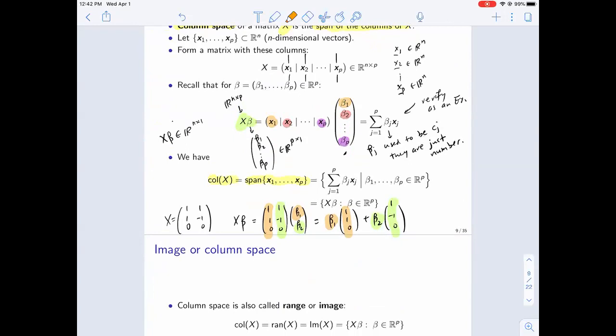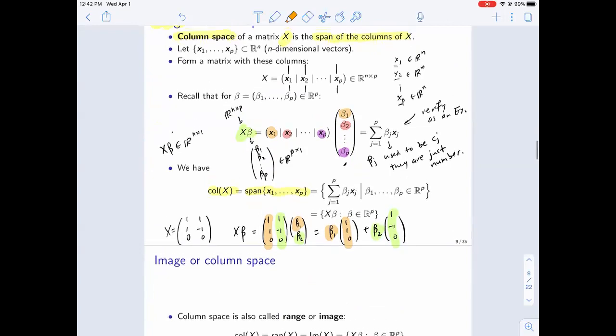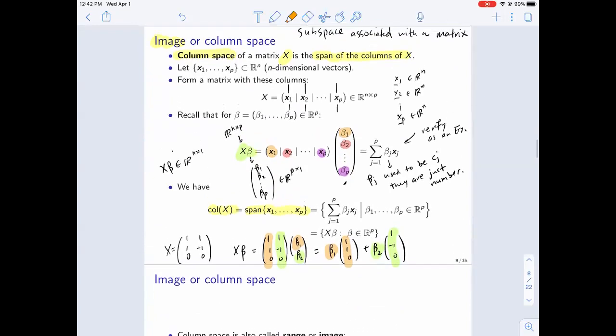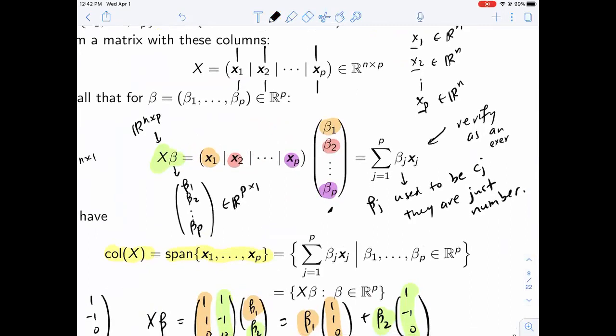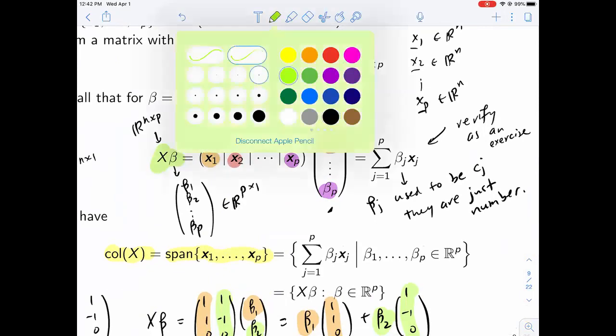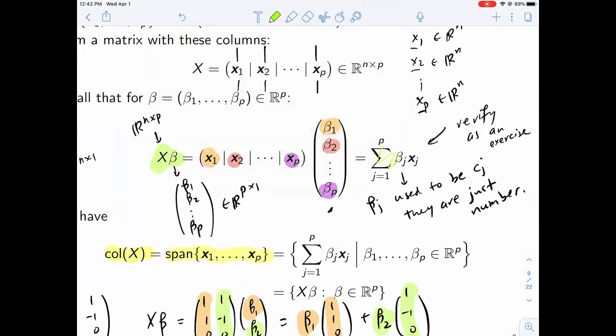It says verify as an EX. Okay, as an exercise, yes. So verify that this side, X beta, is equal to this side. Oh, the whole thing. Right, so verify this identity.